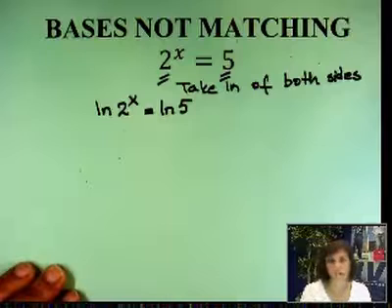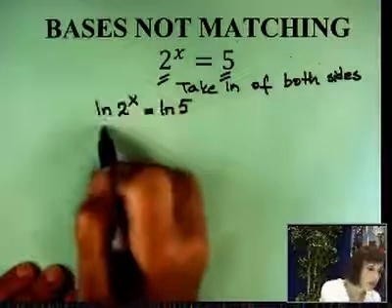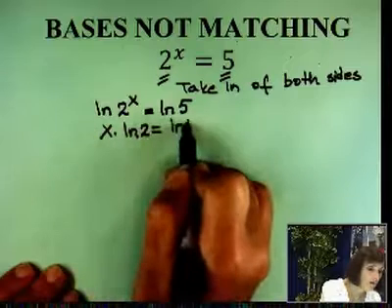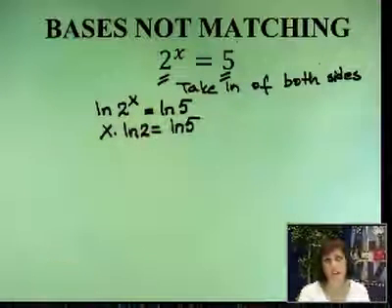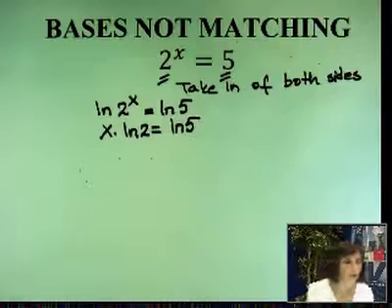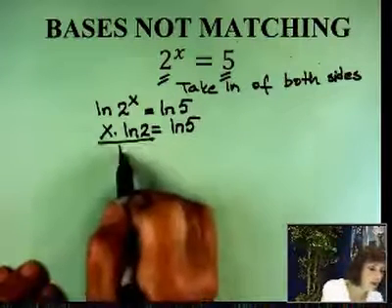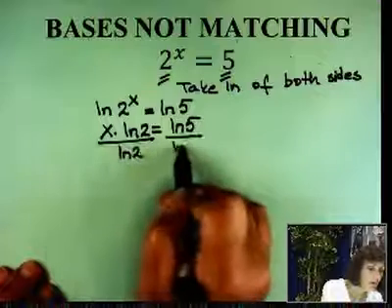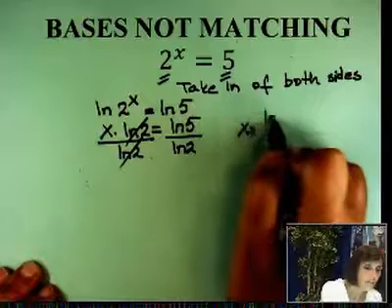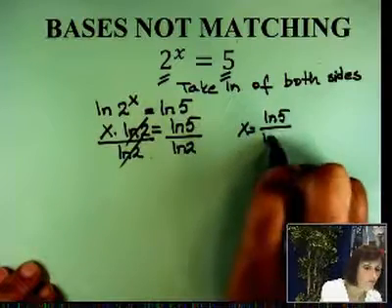Now use your logarithm properties. x comes in front. x times ln of 2 equals ln of 5. ln of 2 is actually a number. So when you have x times a number equals something else, what are you supposed to do? Divide by that number. Then you get x equals ln of 5 over ln of 2.